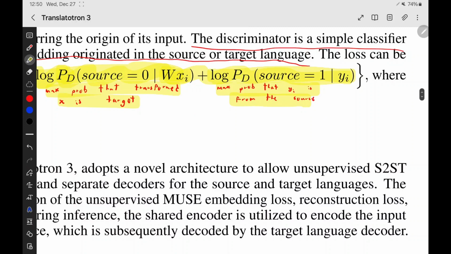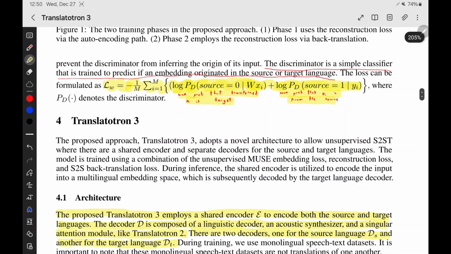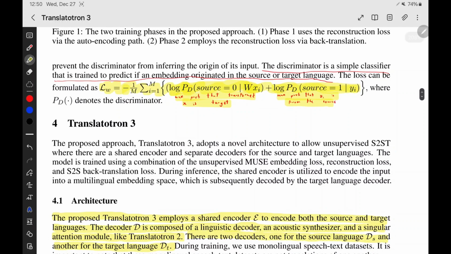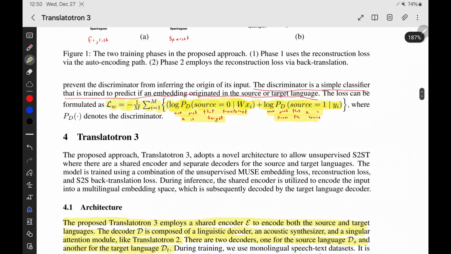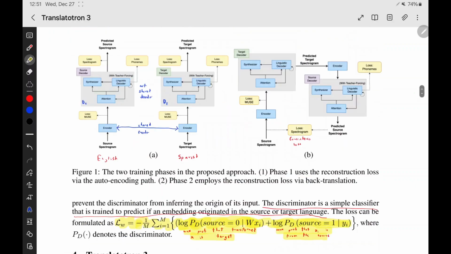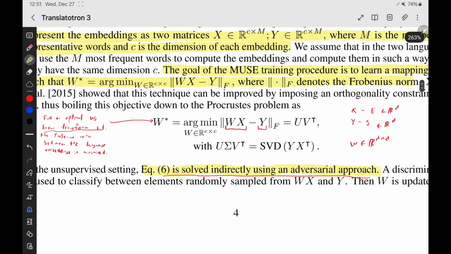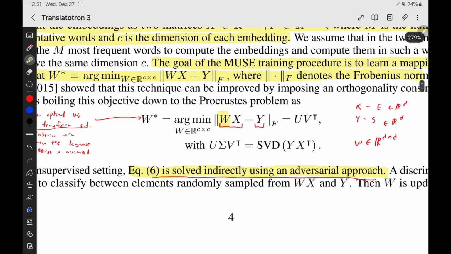So yeah, it's just normal old adversarial training, assuming you have this discriminator. Assuming that your discriminator is good, then you will have a W matrix that is very good at producing the Y, so producing the corresponding Spanish embedding vector given some English embedding vector.